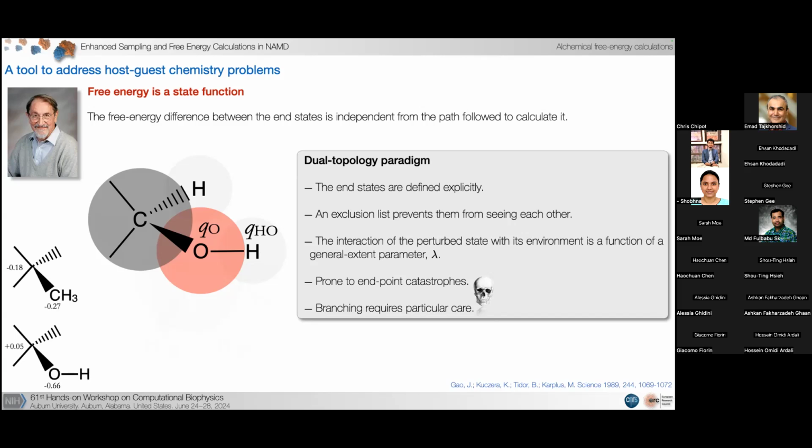But as you can see here, it would be a bad idea to branch the two topologies at the level of this carbon. The reason is, if you look at the charge distribution, you have a charge of minus 0.18 and a charge of plus 0.05.